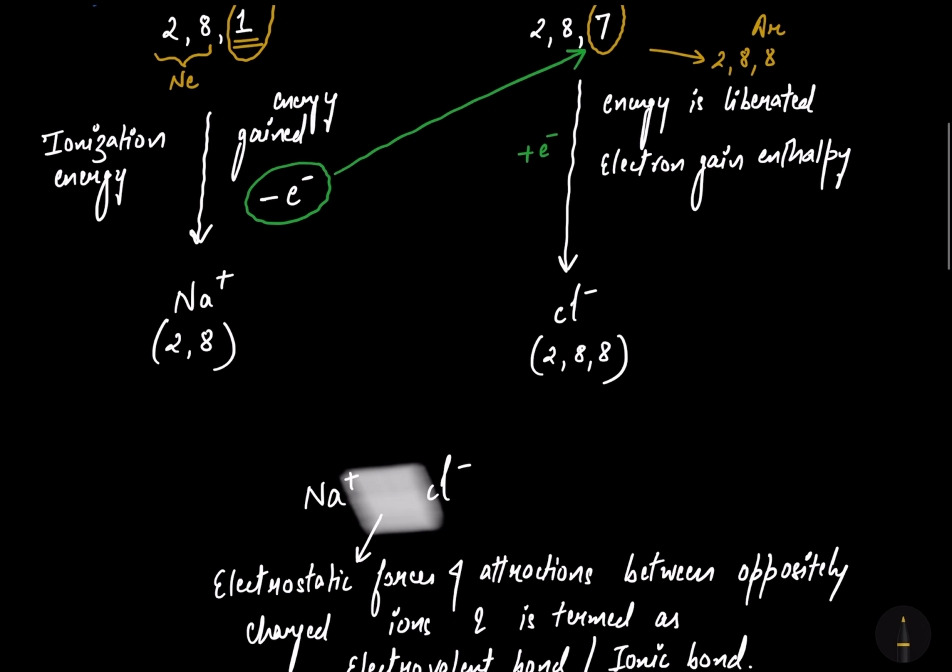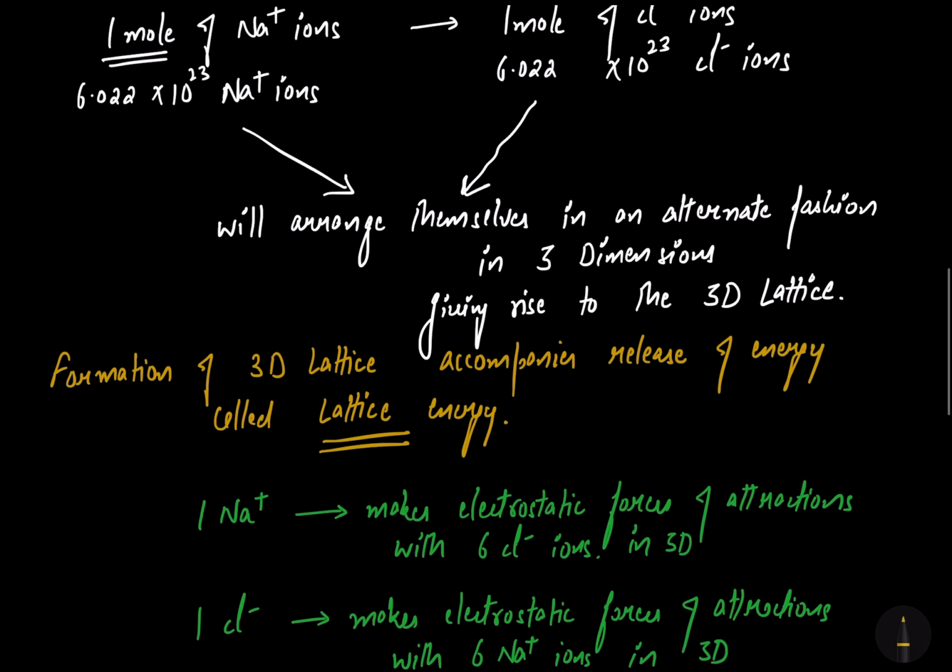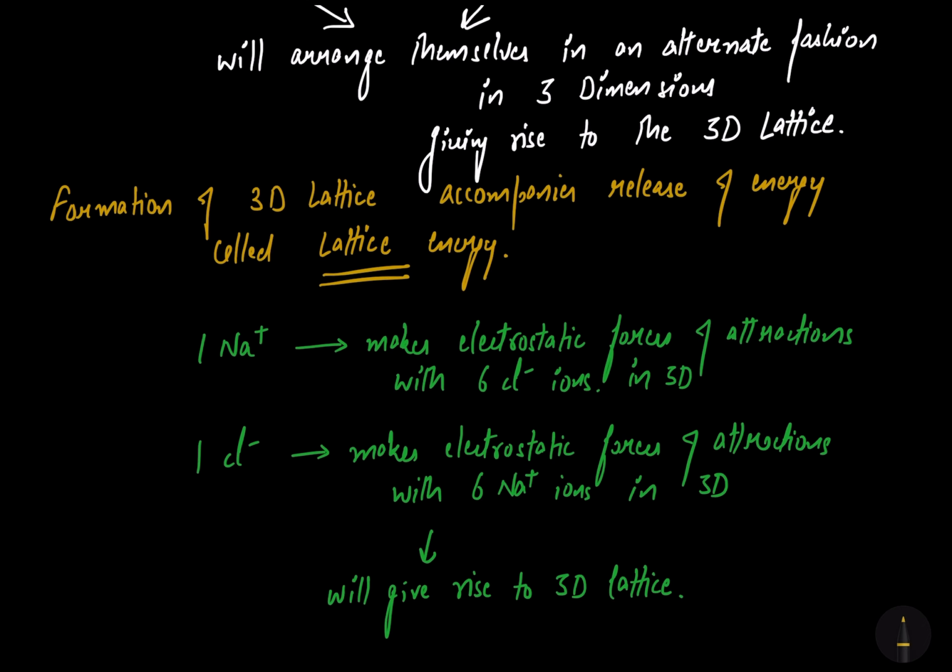So that's all about ionic bond. And the detail about the lattice, that one Na positive makes electrostatic forces of attraction with 6 Cl negative, and one Cl negative makes electrostatic forces of attraction with 6 Na positive, will be dealt with in great detail in the very next lectures on lattice energy.